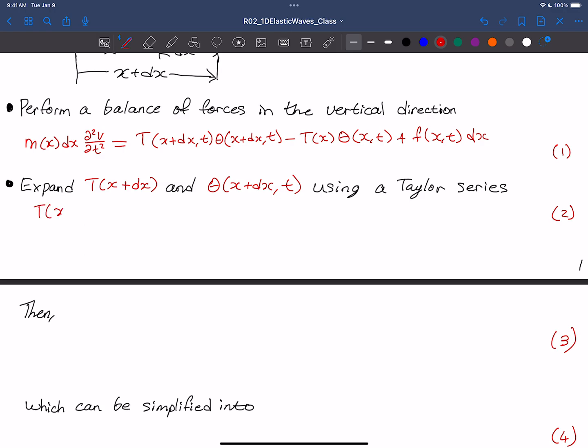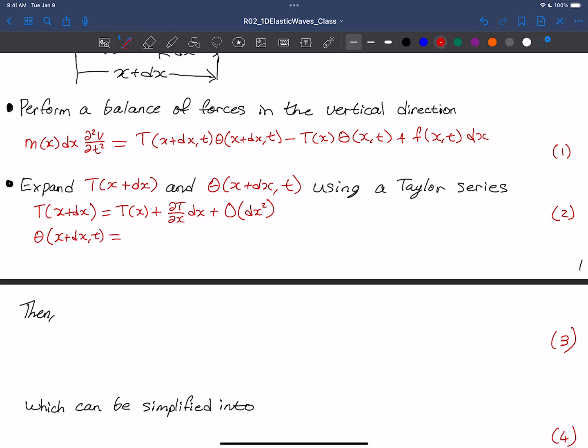T of x plus dx is equal to t of x plus partial t over partial x times dx plus higher order terms that depend on dx squared or above. And for theta, we will have theta of x plus dx comma t.